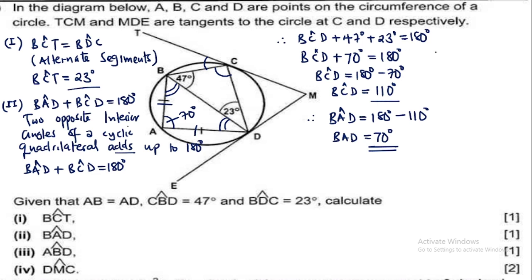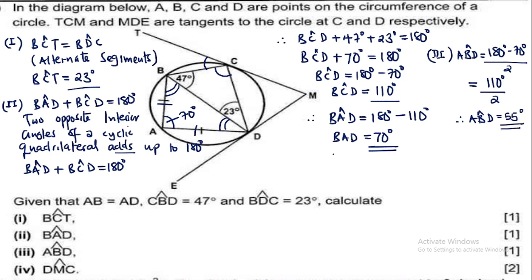Therefore, the sum of angles in the triangle adds up to 180. So I'm going to say 180 degrees minus 70, then you divide by 2 because two angles are equal. 180 minus 70 gives us 110, and if you divide, angle ABD is equal to 55 degrees.